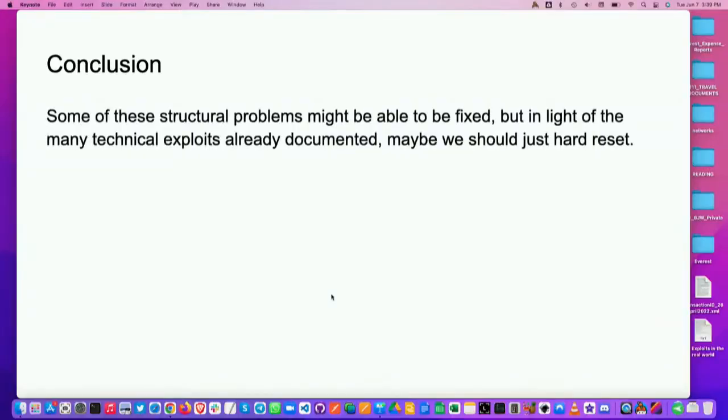Unfortunately, DIDs and this whole architecture is not a solution for verifiable identity, especially if you want to solve for the real-world financial, regulatory, and economic considerations today. So some of these problems might be able to be addressed, but in light of the many technical exploits that have already been documented so thoroughly, and the structural fragilities that we've discussed, maybe we should reset.